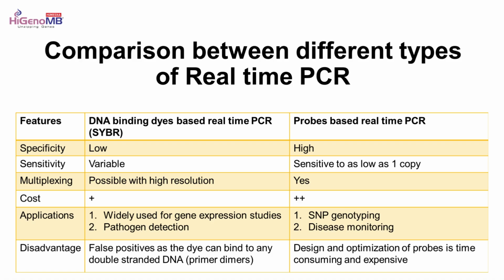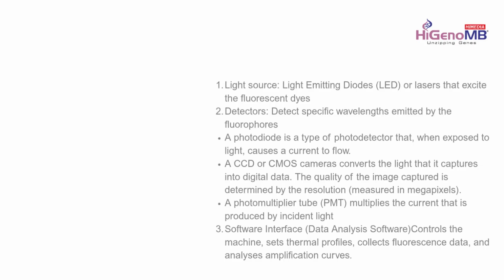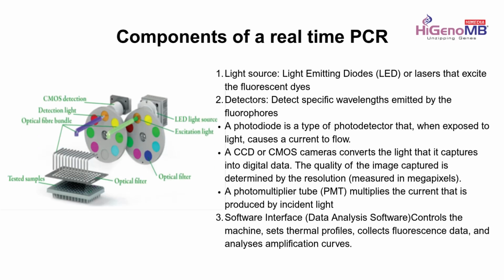Okay, so I had been telling you that there is a component in the thermal cycler which is used in real-time PCR. These are the components which are present in the real-time PCR, which enable us to record the fluorescence emitted by the fluorophores or the DNA binding dyes. The first component is the light source, which excites the fluorescent dye, and once it excites the fluorophore, the fluorescence emitted by the dyes or the probe should be recorded or detected.